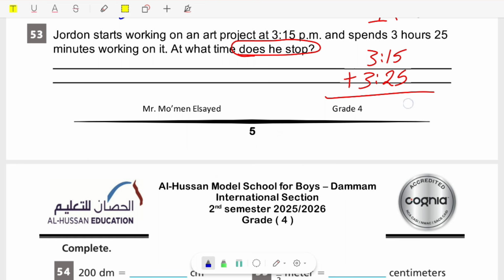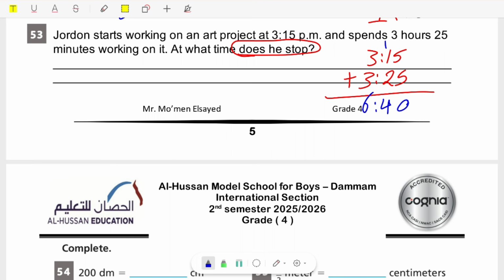So 5 plus 5, 10, 0, and carry up 1. 1 plus 1, 2, and 2, 4. And 3 plus 3 equals 6.